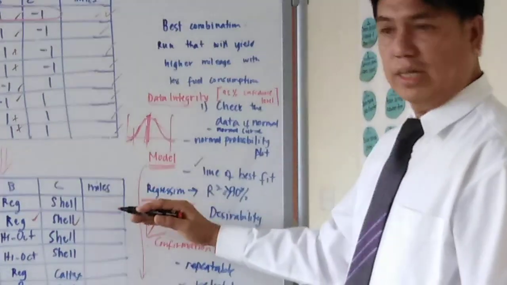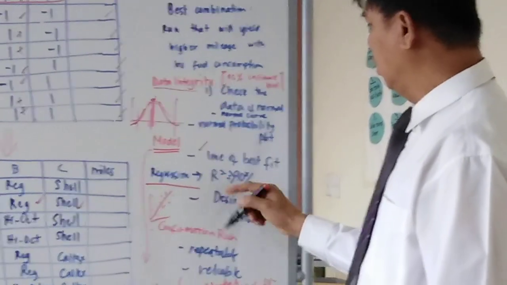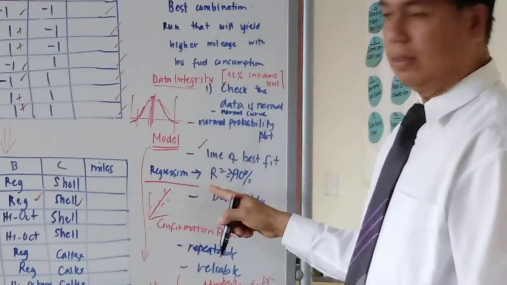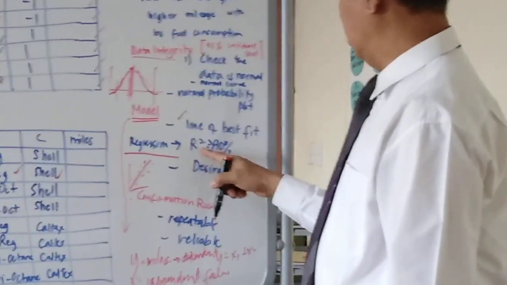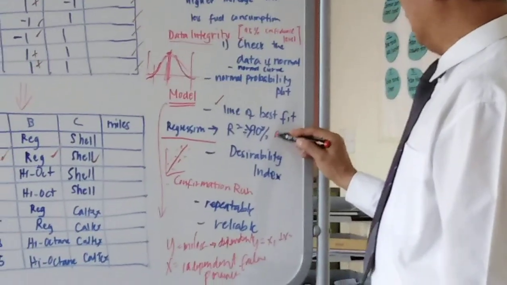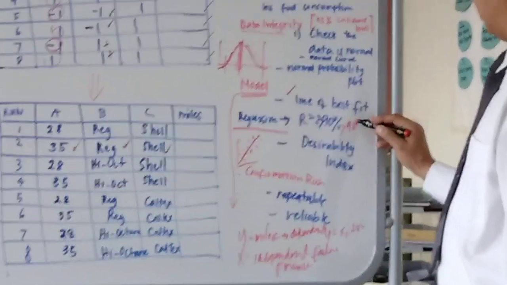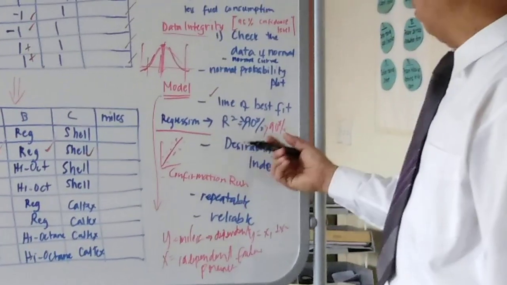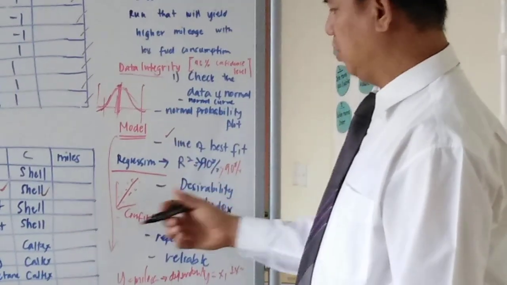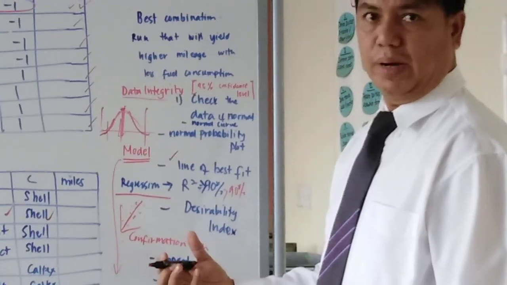And when we do this regression, there is the parameter called the coefficient of determination, R squared, which ideally should be greater than 90% to have a best fit. Otherwise, if it's low, that means your model is maybe inappropriate or incorrect.